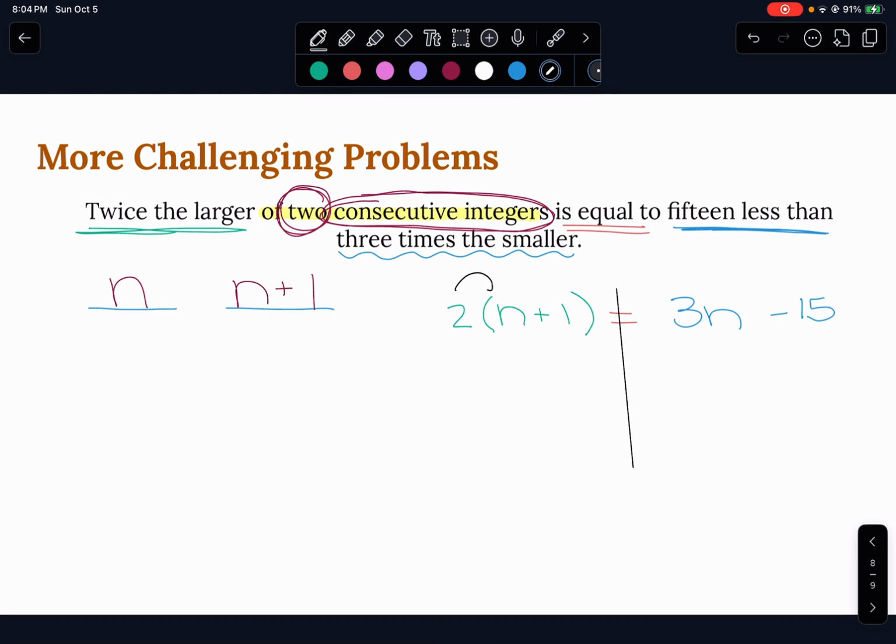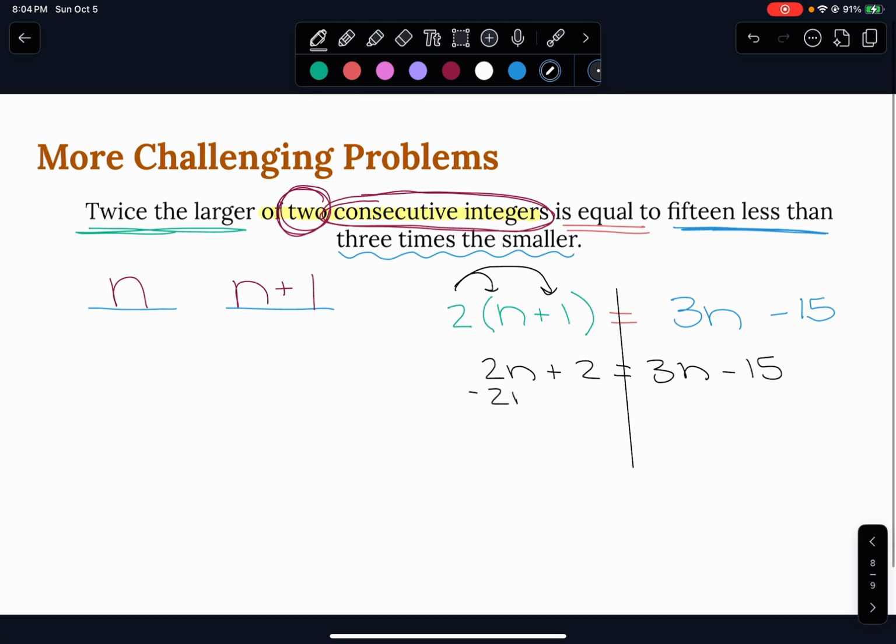I'll simplify the left by distributing. So I'll get 2n plus 2 equals 3n minus 15. I'll subtract 2n on both sides. So I'll get 2 equals n minus 15. I'll add 15 to both sides to finish off 17 equals n.